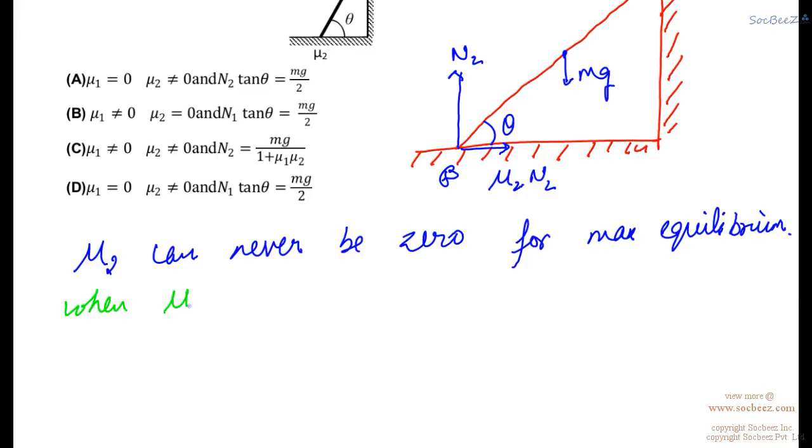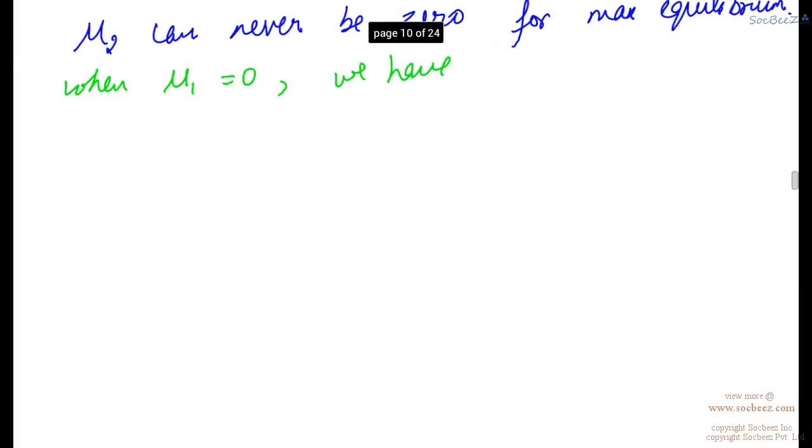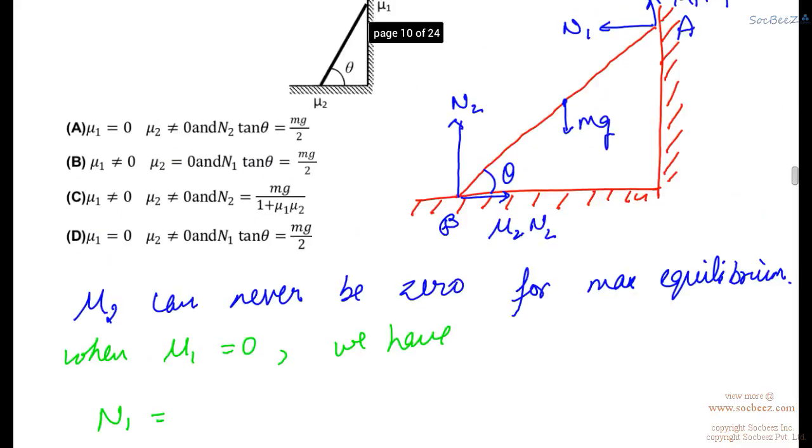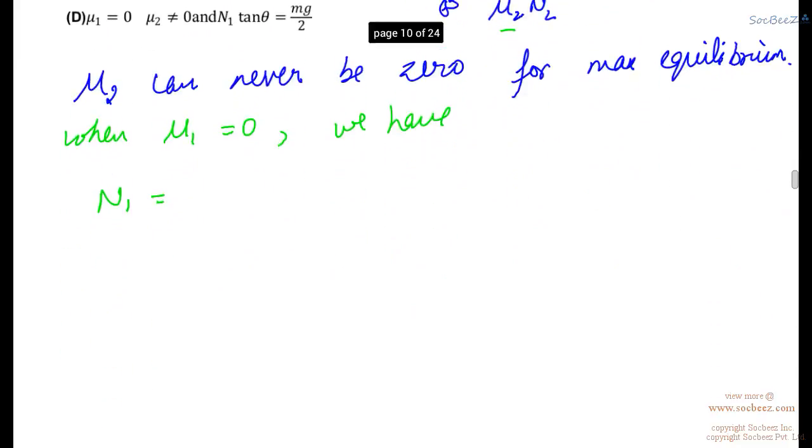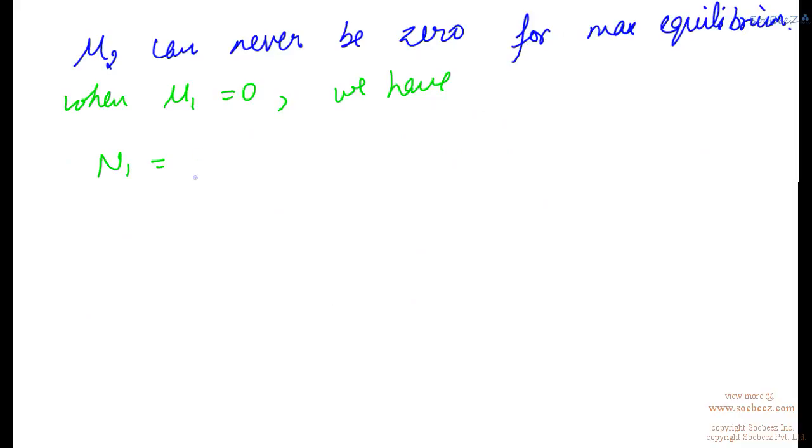Now, when mu1 equals 0, we have here n1 equals mu2 n2. The horizontal forces will be balanced because of mu2 n2, and n2 equals mg, balancing vertical forces. Then mu2 n2 will be equal to mg. This is the first, this is the second equation.